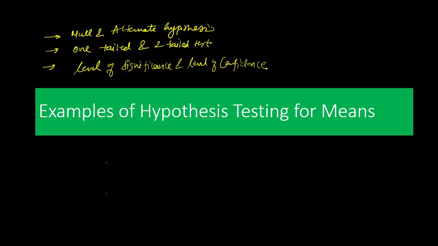We have also seen the meaning of p-value and how we can use p-value in hypothesis testing. So now we are going to see some examples of hypothesis testing for means.